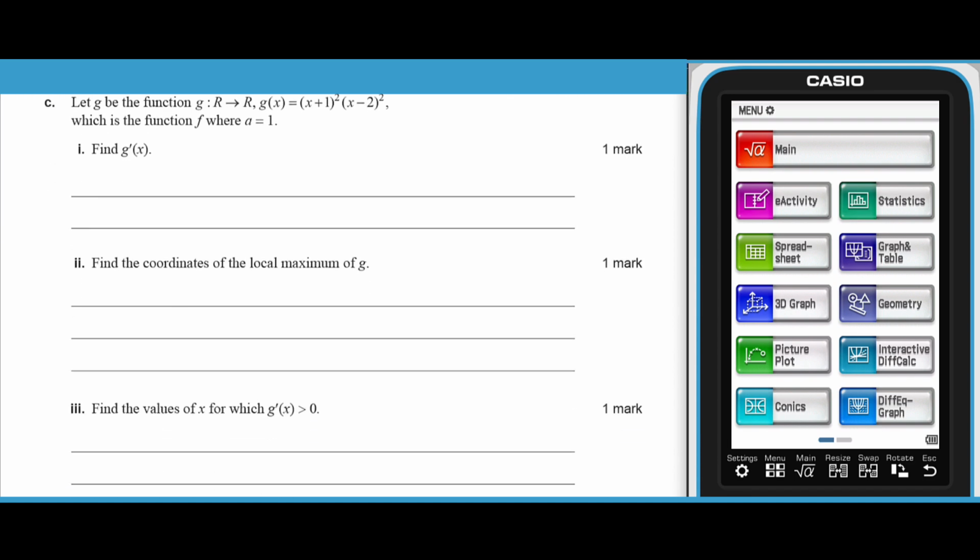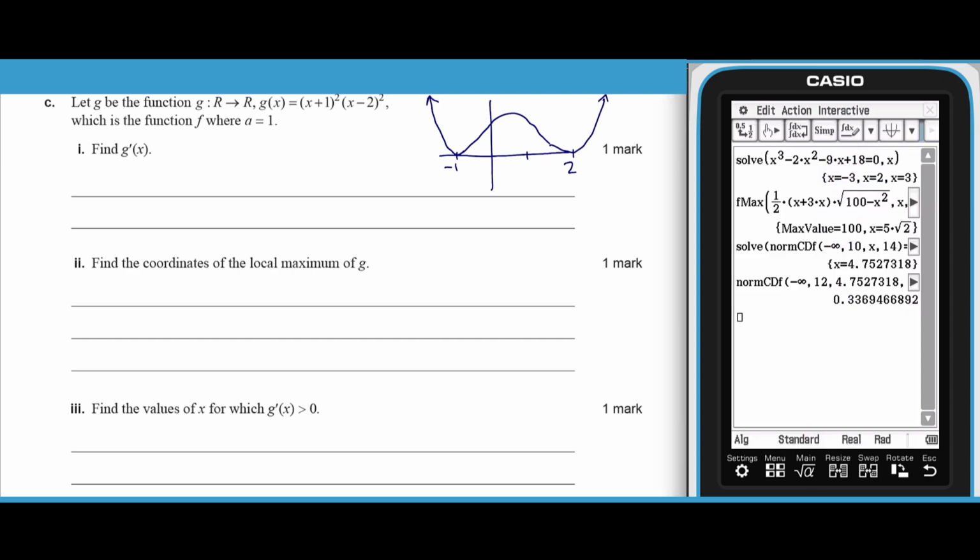In Part C, the focus is g of x, which is f of x in the case when a equals 1. With its repeated roots, the graph of g of x looks like this. To answer Part C, Part 1, I'm going to enter g of x into my ClassPad and differentiate it using the interactive calculation menu.